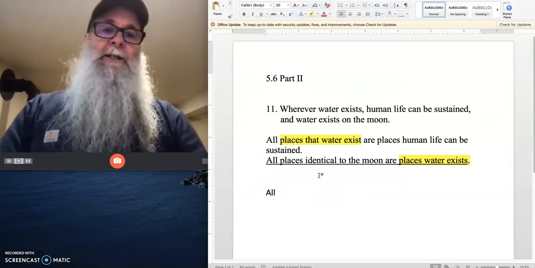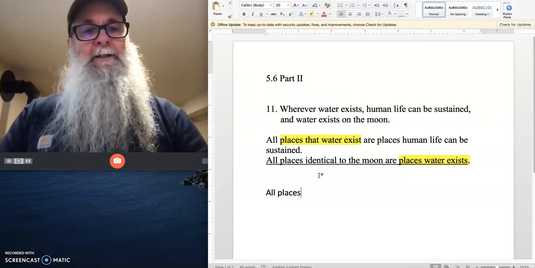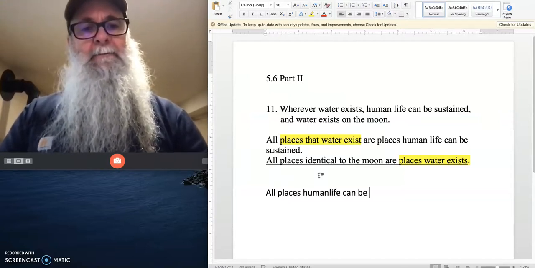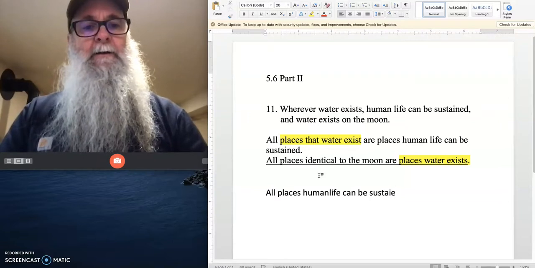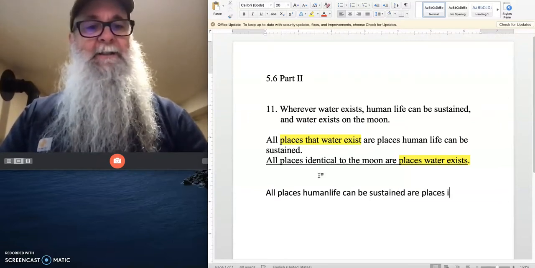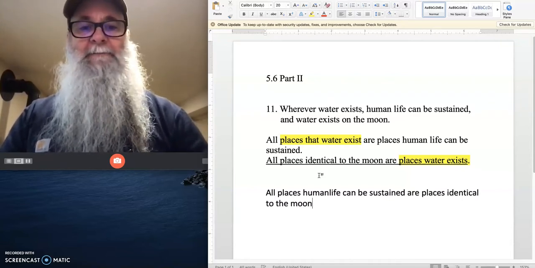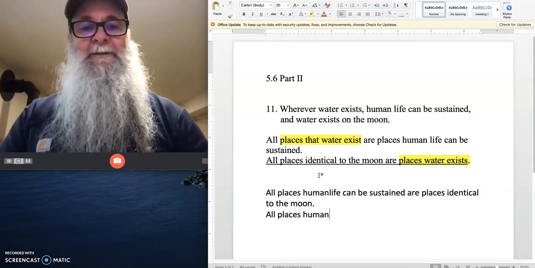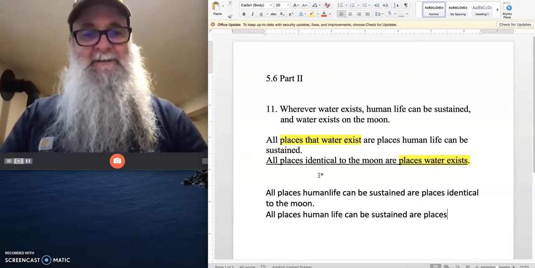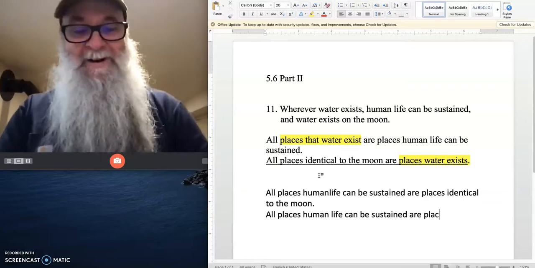So let's try this out. All places human life can be sustained are places identical to the moon. That's one possibility. And the other is all places human life can be sustained are places... Oops, I did that wrong.